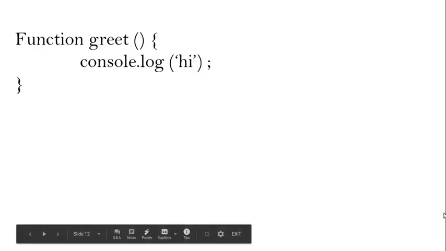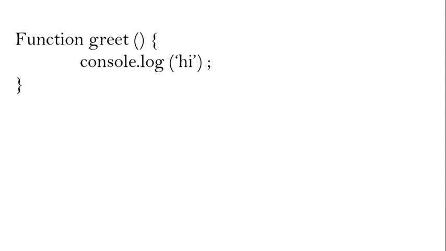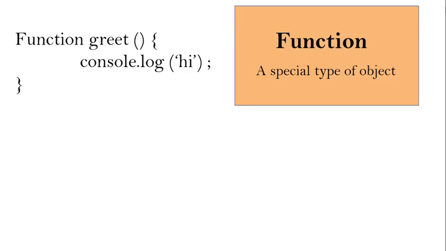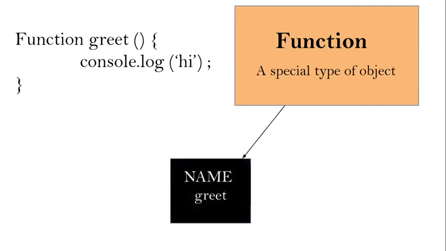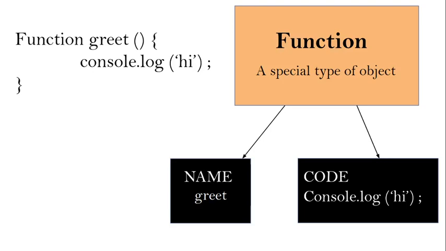I had this greet function, and this function object was put in memory, in this case onto the global object, and it had a name property, greet, because that's what I named my function, and it has a code property that contains the code that I wrote.